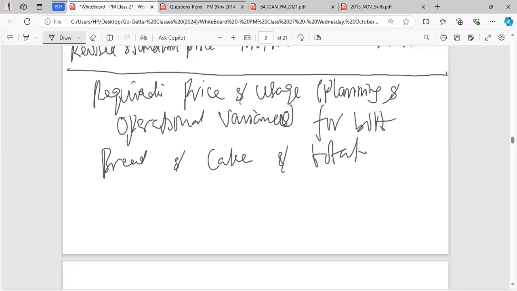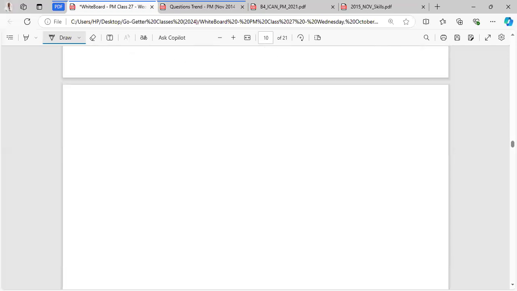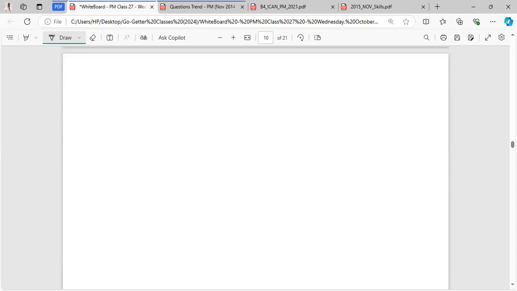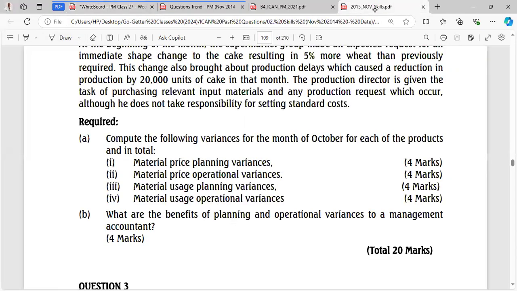So that's what we are going to be looking at now. So the first one here is A. What's the A here? Material price planning variances.